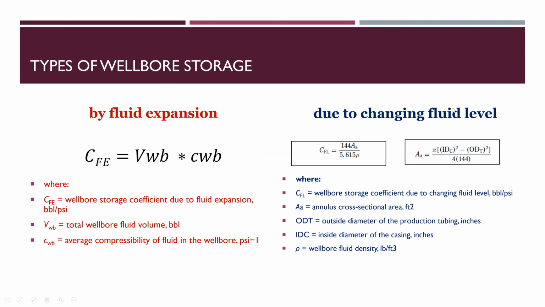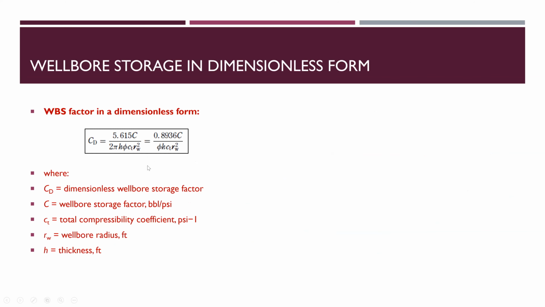In case of a changing fluid level, it will be like that. In case of fluid expansion, it will be like that. Like dimensionless pressure, time, and radius, the wellbore storage coefficient can also be expressed in dimensionless form, because on the log plot, all parameters will be in dimensionless form.